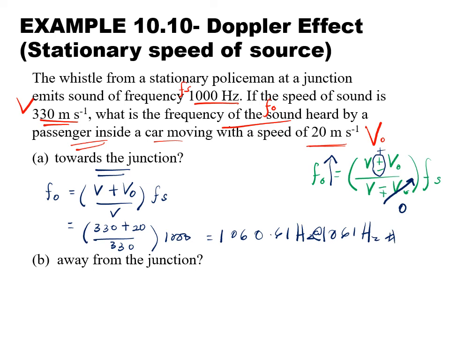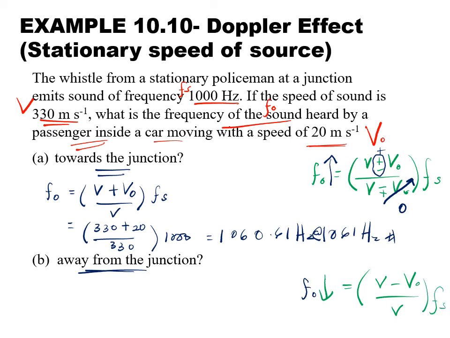Okay, for the case away from the junction, the frequency of sound heard by the passenger inside the car moving with the speed 20 meters per second away from the junction means that the frequency the observer will hear must be lower. So, based on this formula, to lower the frequency, you have to put minus V observer divided by V times Fs.